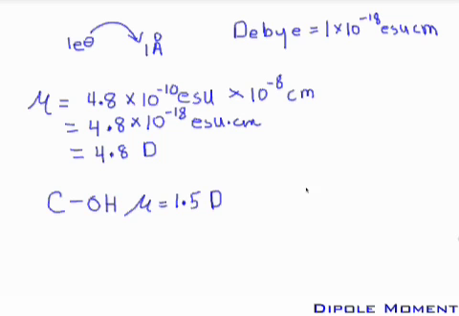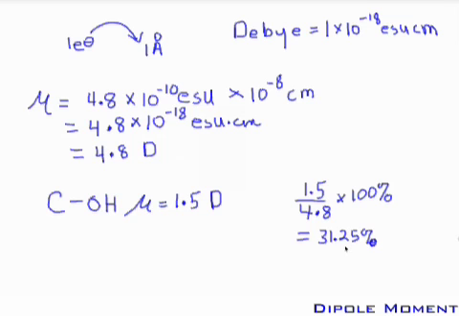Okay, well, I can take the 1.5, divide it by 4.8, times 100%, equals 31.25%. Now, in this case, this tells you that your bond is only 31% ionic.